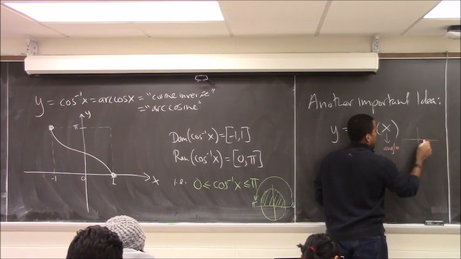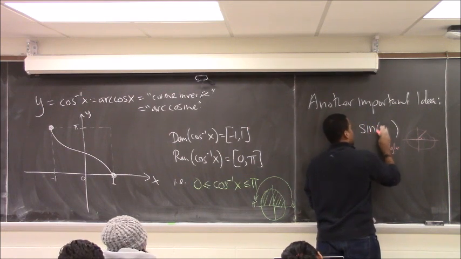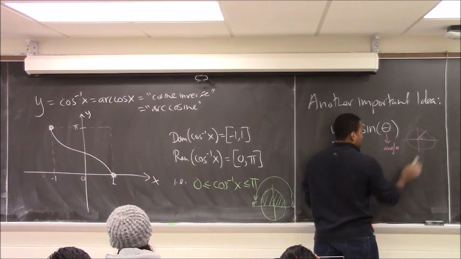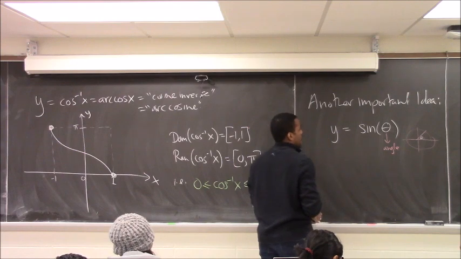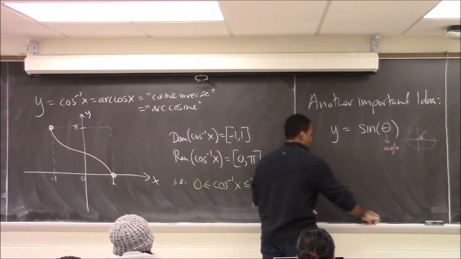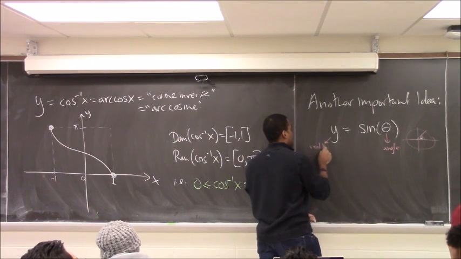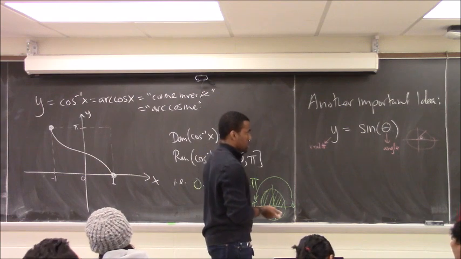So that would be like on a unit circle. Let's put theta so you don't mix up the coordinates. Theta represents an angle, right? So theta is going to be there. And the y represents a real number. It's going to be a number between -1 and 1, but it's just a number.